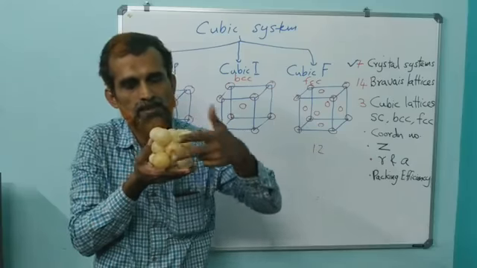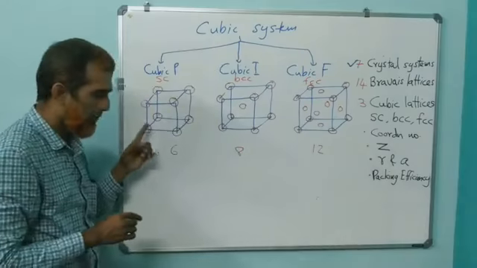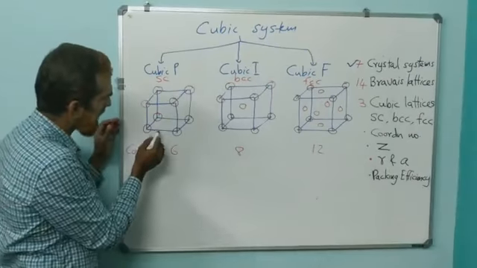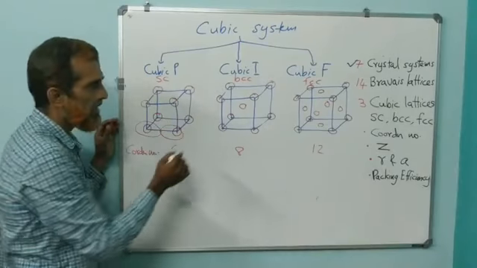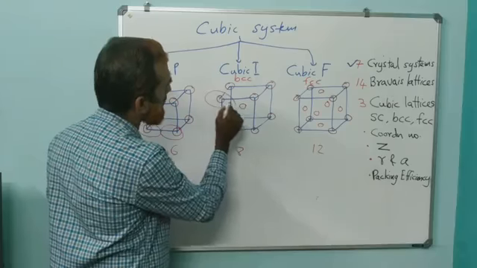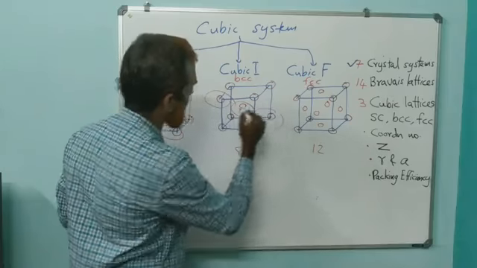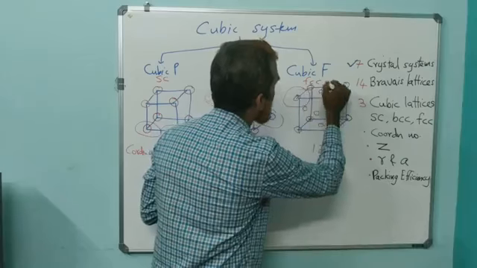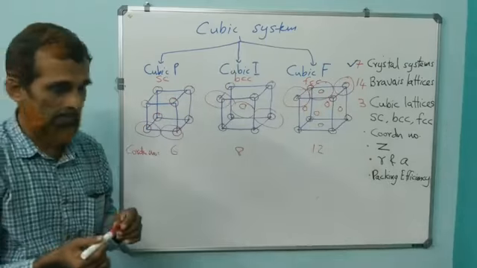So I repeat the point. In primitive cubic, in the actual space filling model, particles are touching along the edge like this. In body centered, along the body diagonal, opposite to this one. In face centered, particles are touching along the face diagonal. This is an important point which we will consider later.